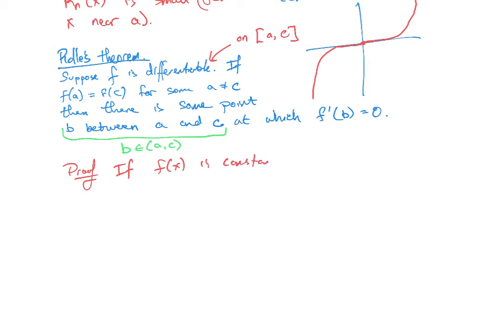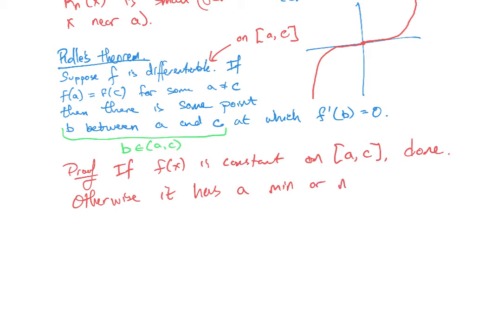If f of s is constant on this interval, then done. If it's constant on the interval, its derivative is 0 everywhere. Otherwise, it has a min or a max, by the extreme value theorem.